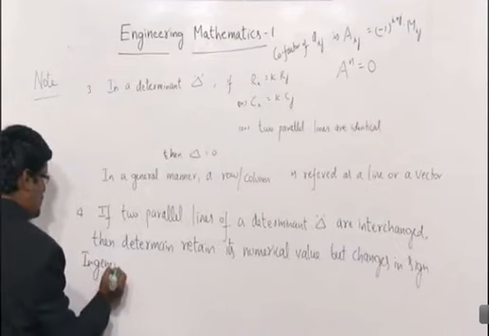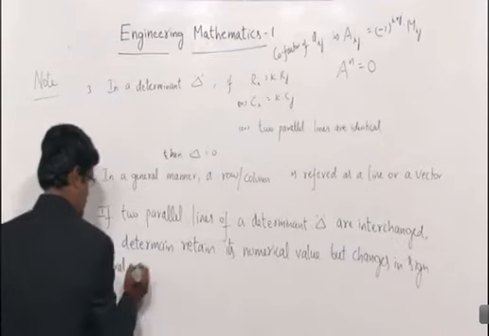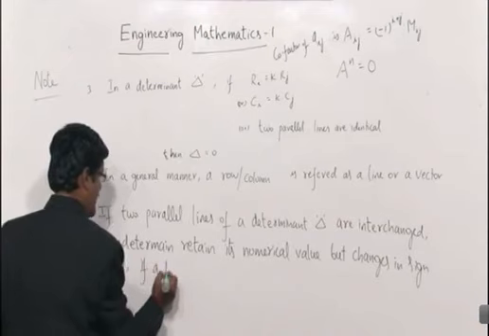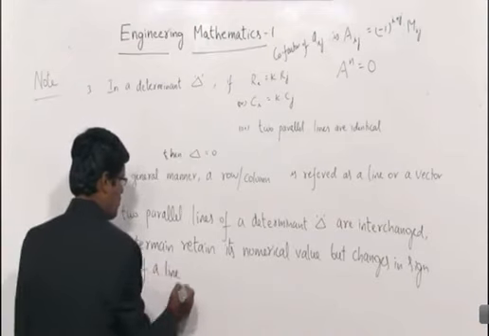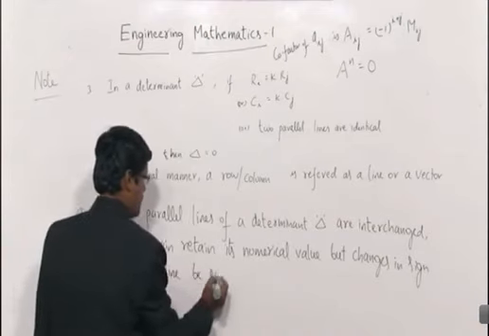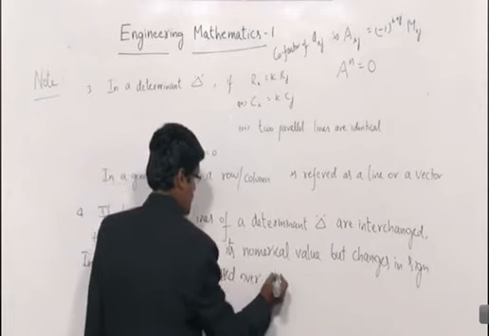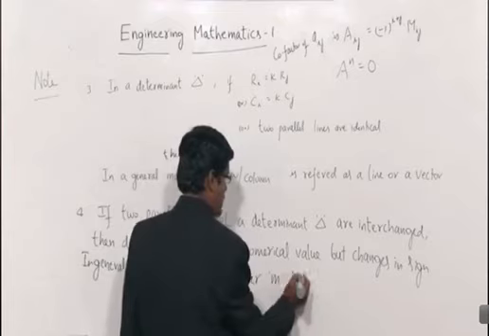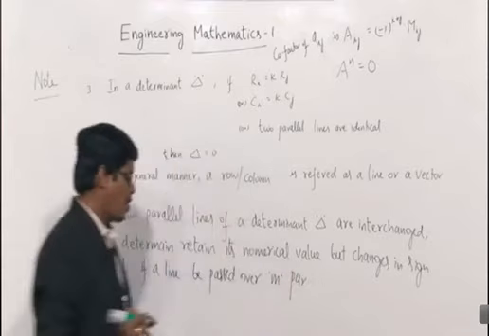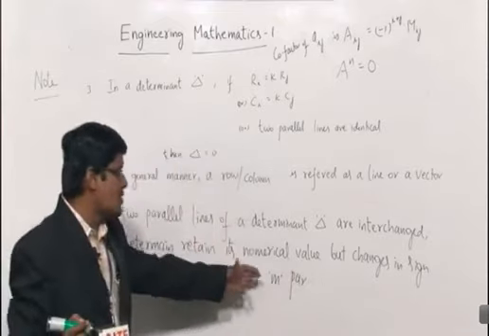In general, if a line, meaning row or column, is passed over m parallel lines, that means we have done that operation, interchanging two rows or two columns, m times.